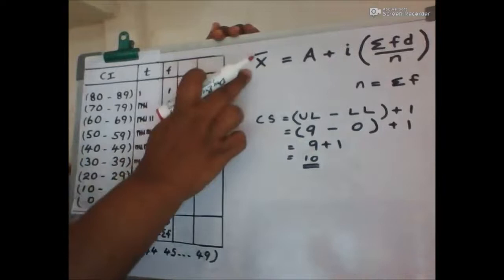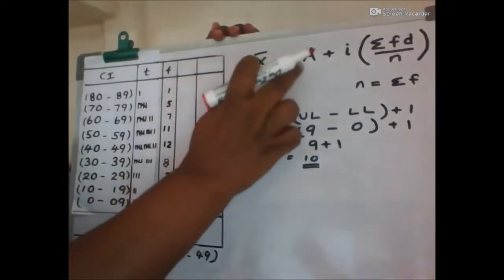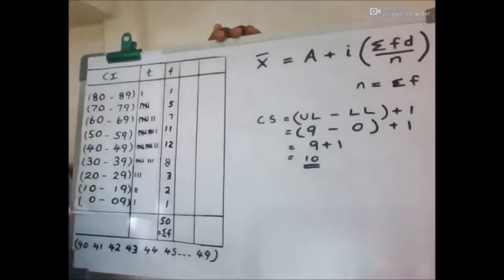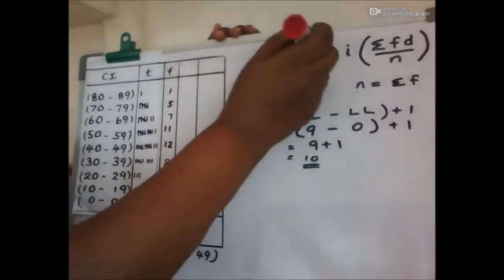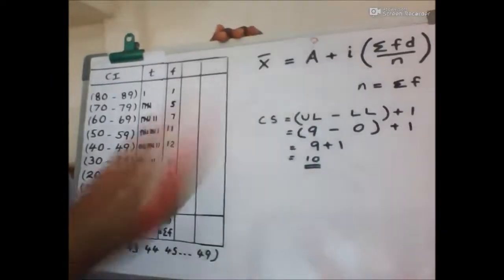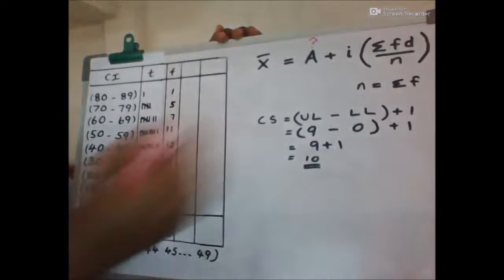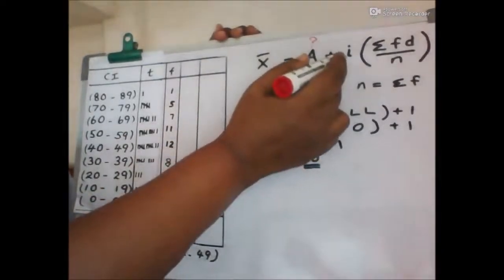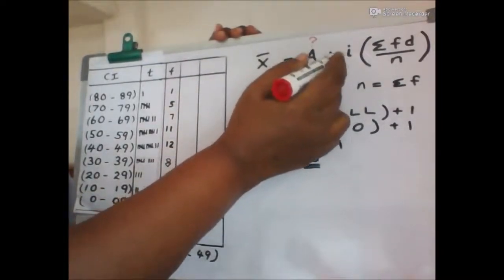We have to calculate X bar. A means assumed mean. Do we know that? No. It's a question mark. We have to calculate. I is the class size. Do we know that? Yes.